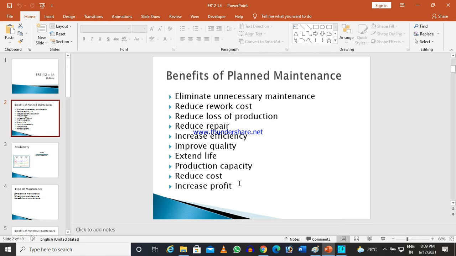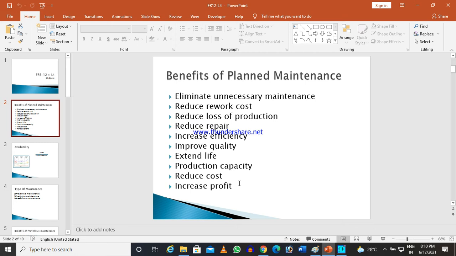Some critical plant where you are producing a large volume of product, their plant maintenance is very important, because if any breakdown occurs, you have to bear the loss, a lot of loss.